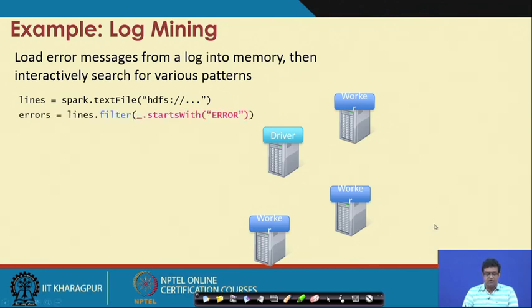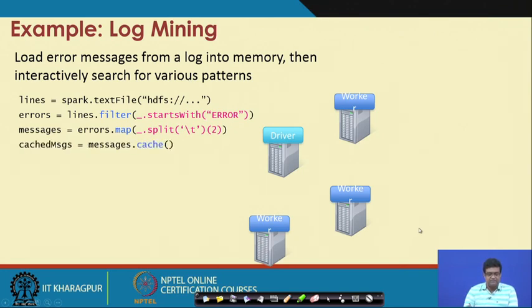So, the first task is basically that you read the lines of the error log file using the text file command, as we have seen already. The next is that you filter the lines which have error, and then you store these errors RDD after getting the messages into this cached messages.